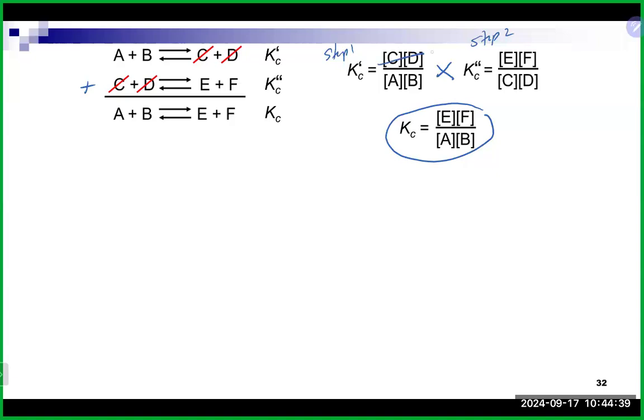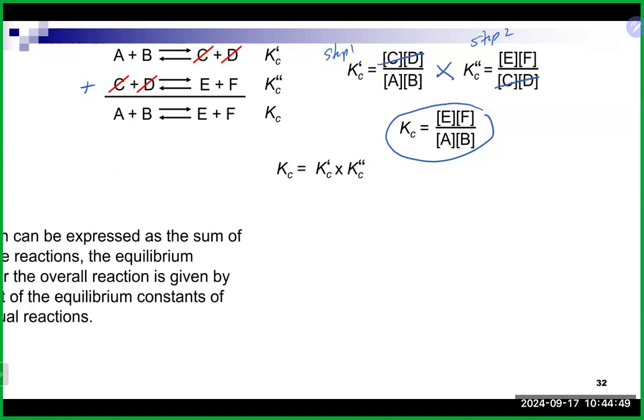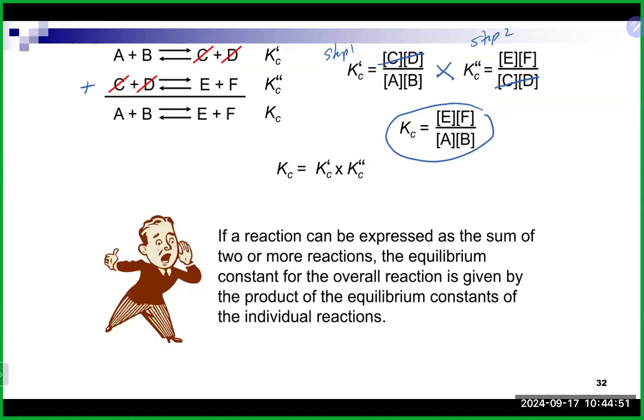If you multiply the K values, those guys cancel, and that leaves you E times F divided by A times B. So when you are adding a number of equations together, you multiply the K values together. So not added here. That's different than what you do with Hess's law where you add the delta H's. Here you actually multiply the K values together.